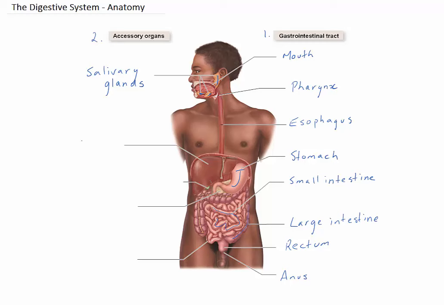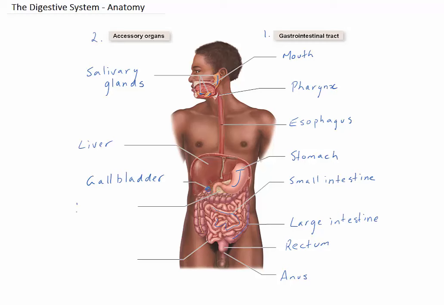There's the liver, which produces bile, which helps to emulsify fat and break down fat so it can be digested in the gastrointestinal tract. That bile is actually stored in the gallbladder, which is a bit hard to see because it's actually hidden behind the liver here, just here.